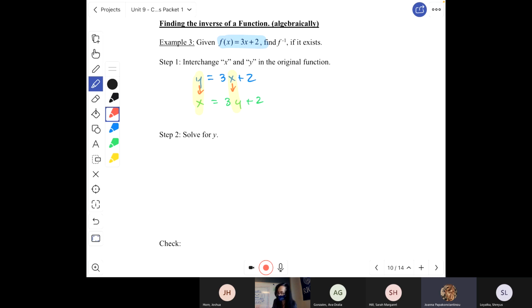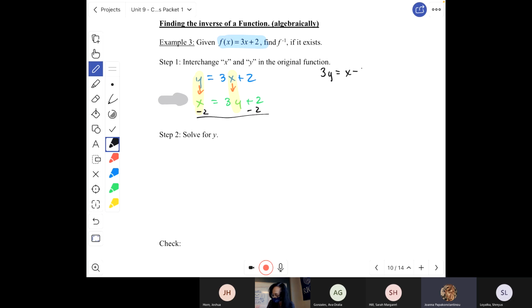Now, what do I do with this? I solve for y. Easy money, as you say, Jonathan. And then I would represent that as f inverse.